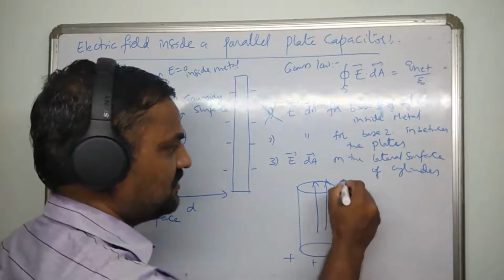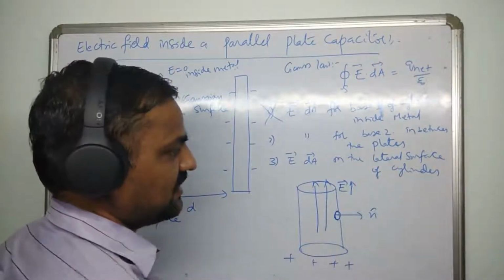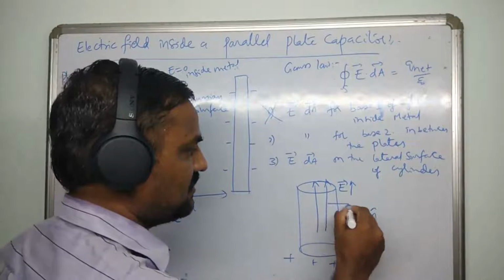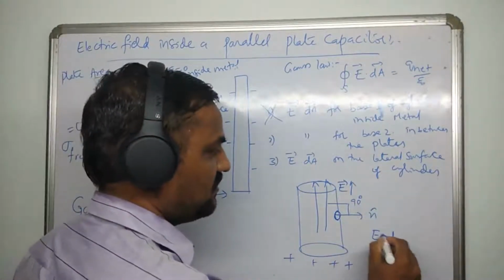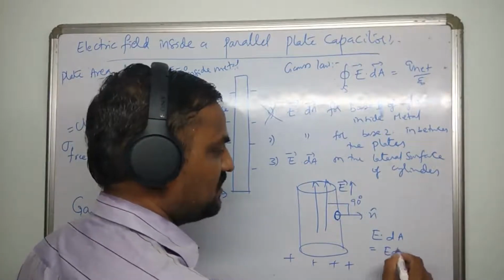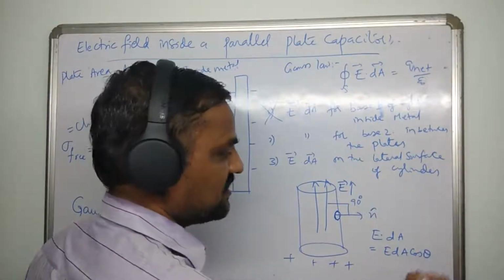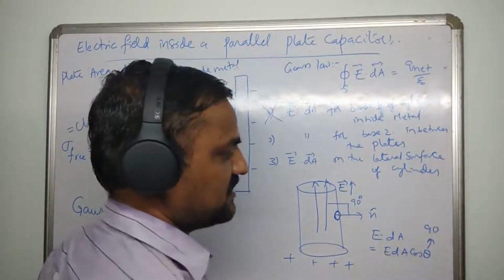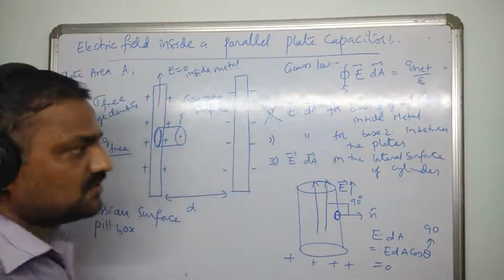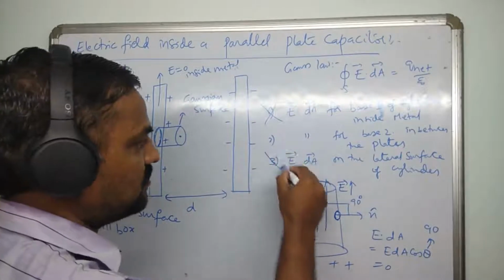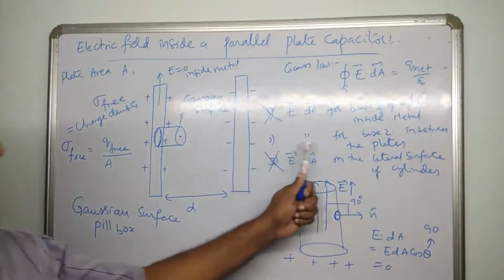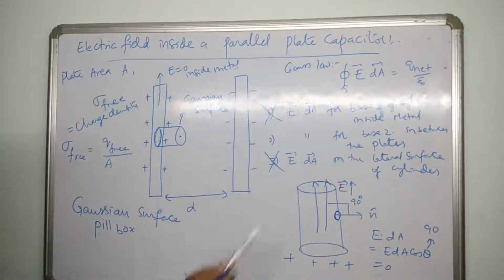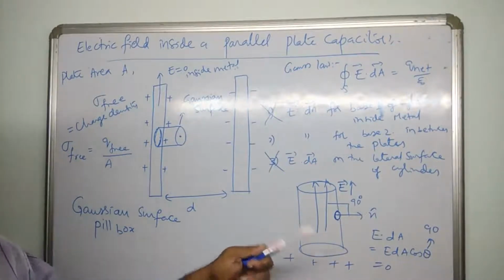And if this is the electric field and this is the n cap, the angle between E and this is 90 degrees. So after all, E dot dA is nothing but E dA cos theta. In this case, cos 90 is 0. So even for this third part, the total electric flux becomes 0. We don't have to evaluate. So whatever is left over is only from the second part. Please pause the video and copy it.